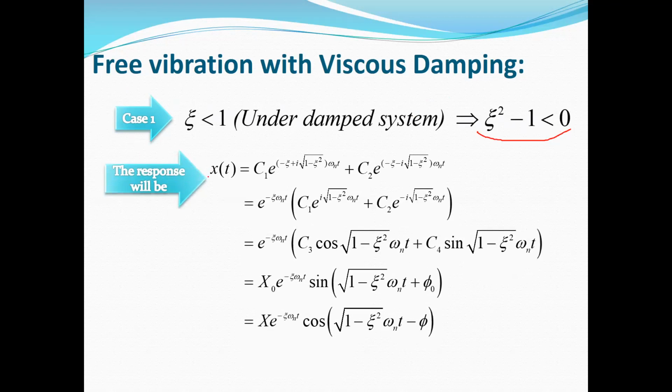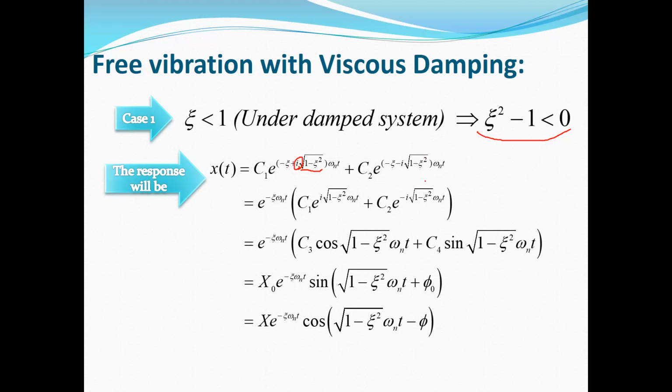We can write x(t) in this form because we know the term below the radical is negative, so we will have an i here, which is a complex indicator, and in fact i is the square root of -1. So we can expand this response. We will have c1 times exponential of this term plus c2 times exponential of the second root.